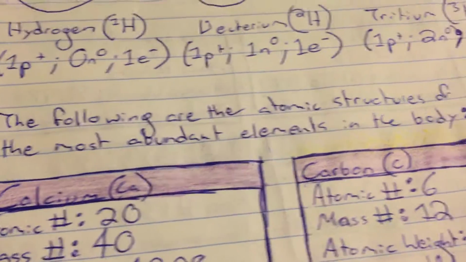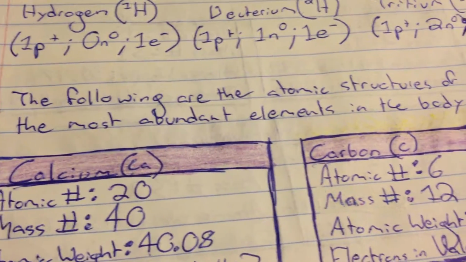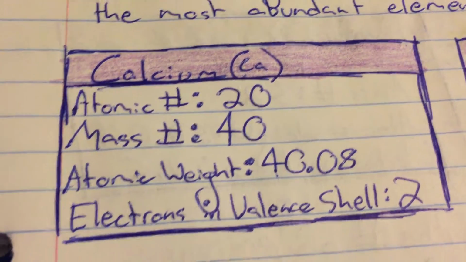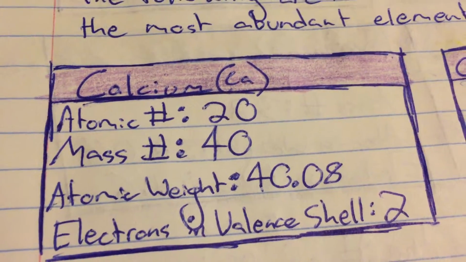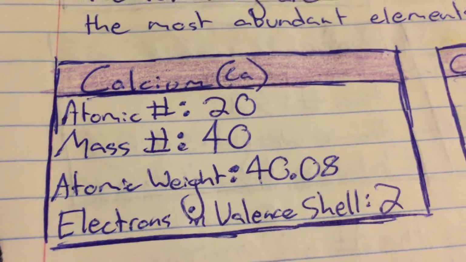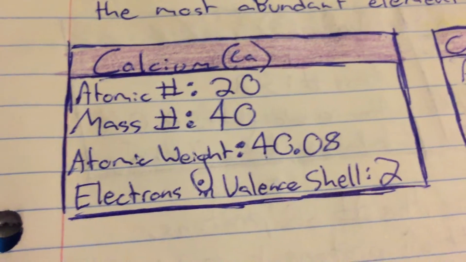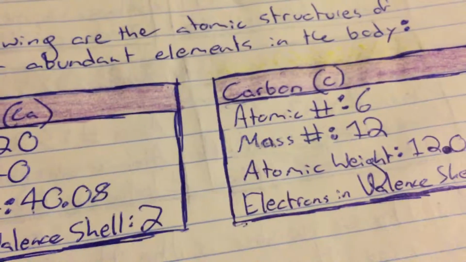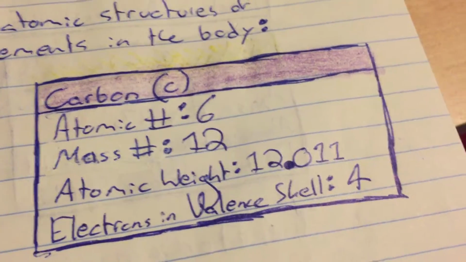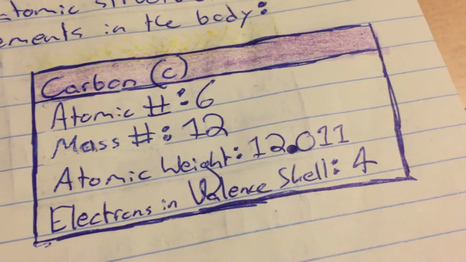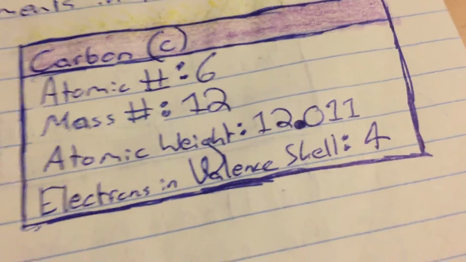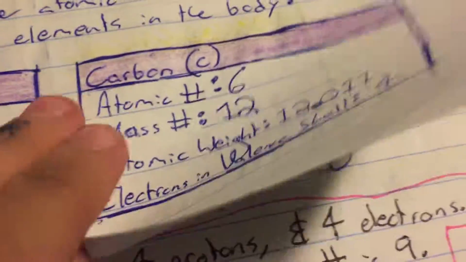The following are the atomic structures of the most abundant elements in the body. Calcium: its atomic number is 20, its mass number is 40, its atomic weight is 40.08, and it has 2 electrons in its valence shell. Carbon has an atomic number of 6, a mass number of 12, an atomic weight of 12.11, and 4 electrons in its valence shell.